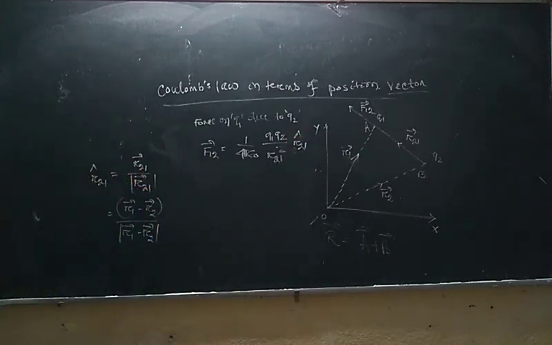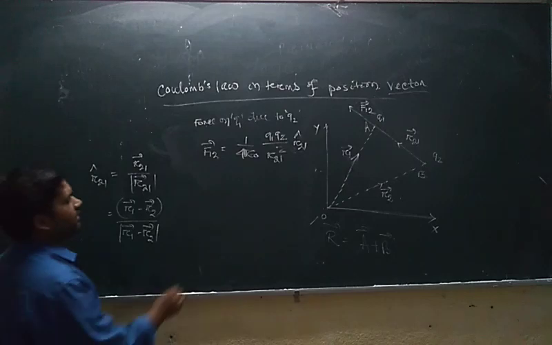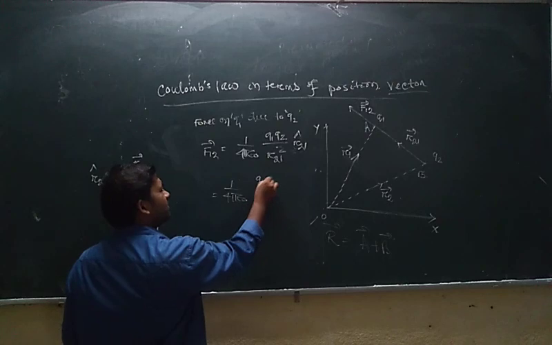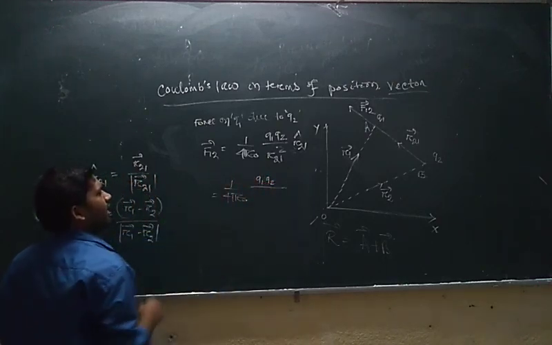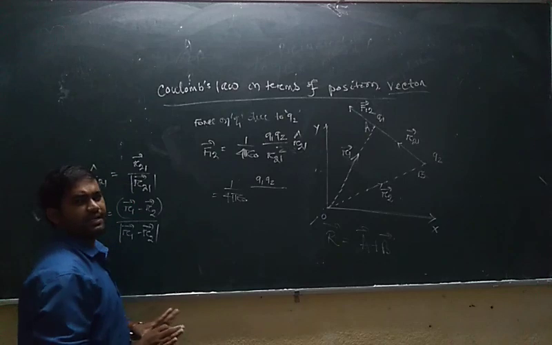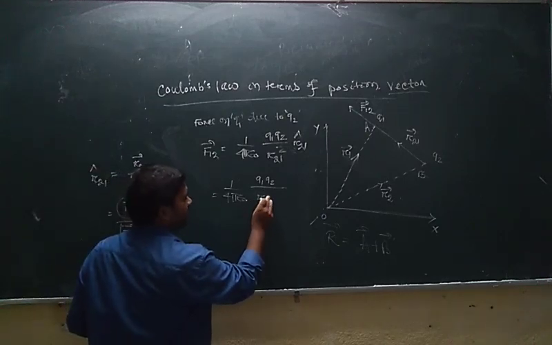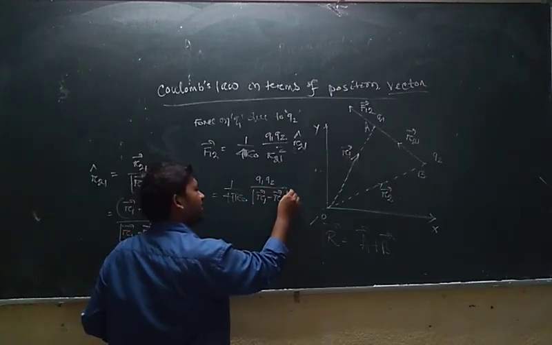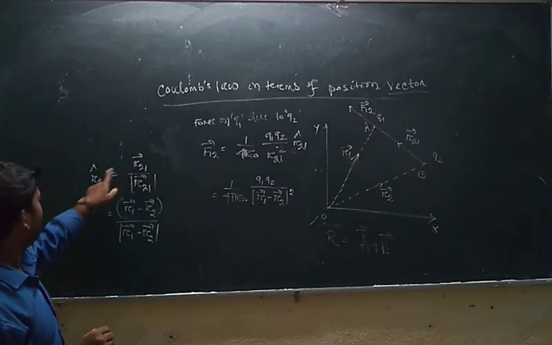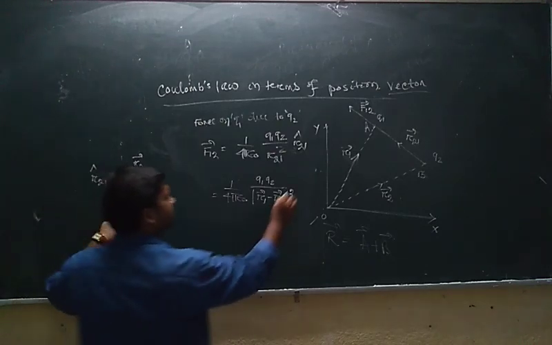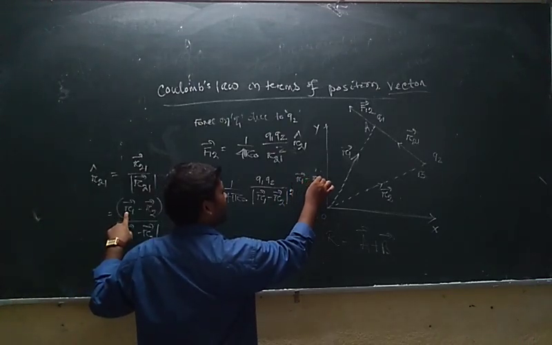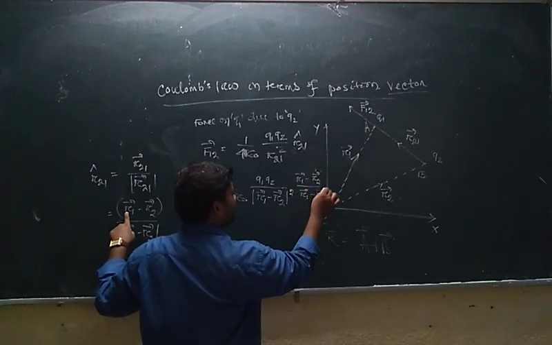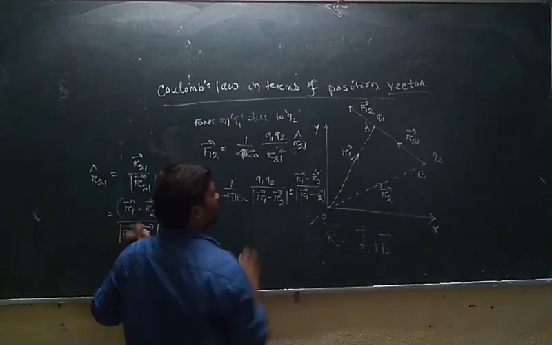If we substitute here, 1 by 4 pi epsilon naught Q1 Q2 divided by R21 square is purely the magnitude form, so that means modulus of R1 minus R2, whole square. And what is R21 cap? R21 cap will be R1 vector minus R2 vector divided by the modulus of R1 vector minus R2 vector.